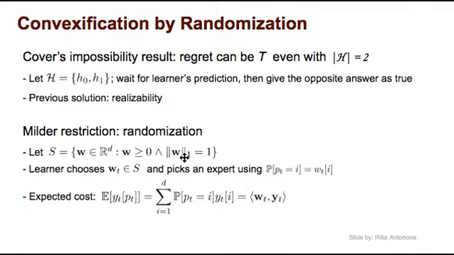This is the space of probabilities, and we also build a loss function as an expected cost function using the probabilities, in order to construct a convex loss function. So this is one way to do convexification.